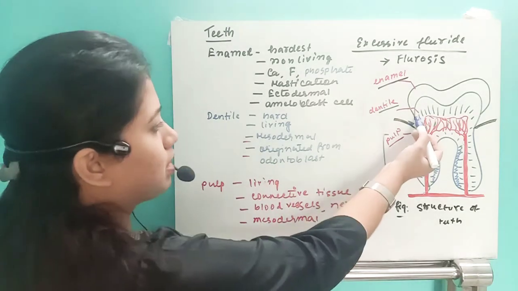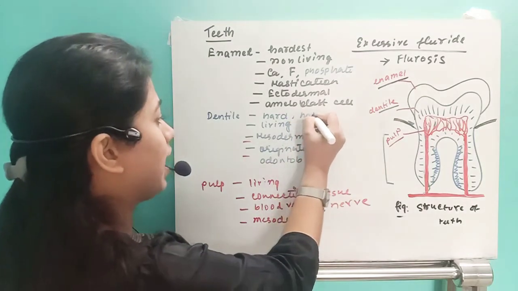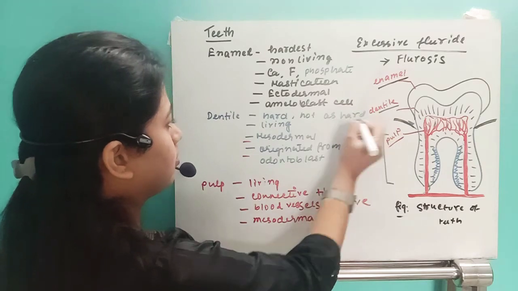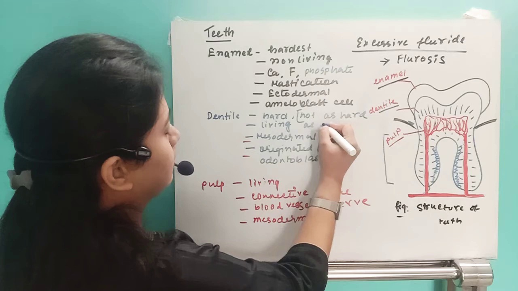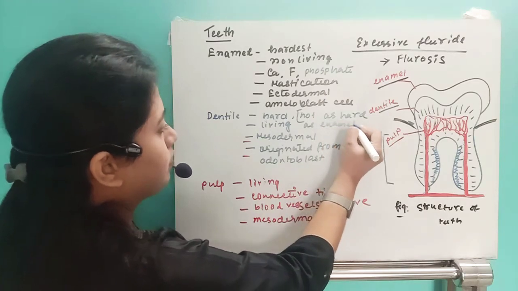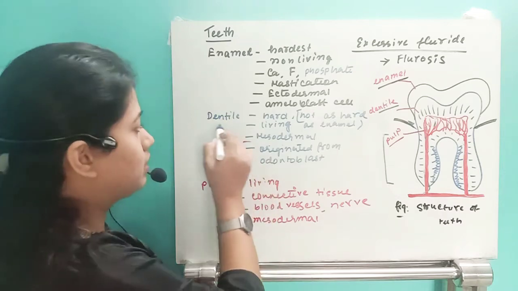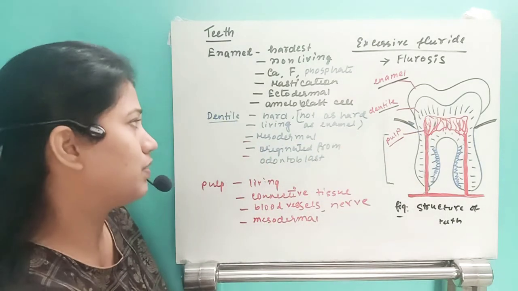Next, the second part is the dentine part. This is also hard, but not as hard as enamel, okay? Remember that it is also living, but because this dentine region centrally is going to have the pulp cavity.